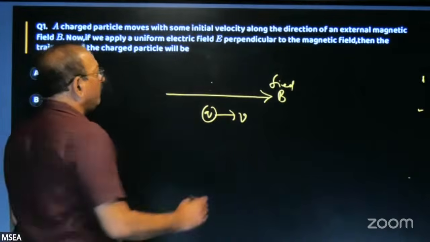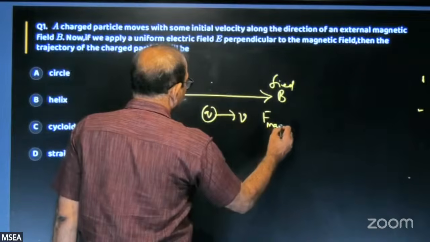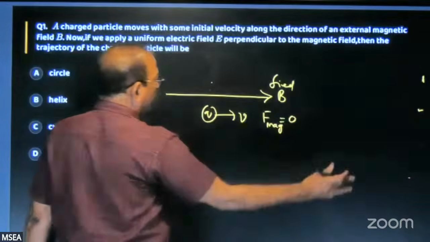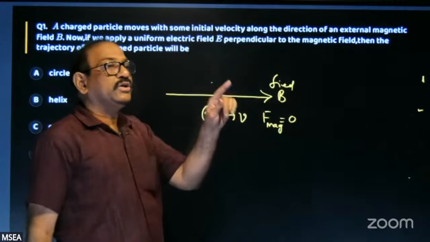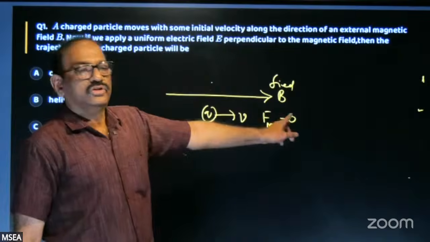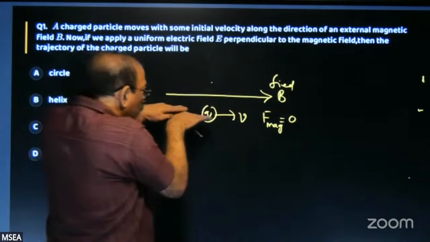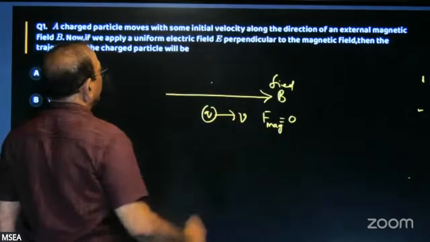That means this charged particle doesn't experience any magnetic force, zero, because it is moving parallel to the field. F = BQV sin theta, theta is 0, so force is 0. So it continues to go on this straight line only, because force is 0.